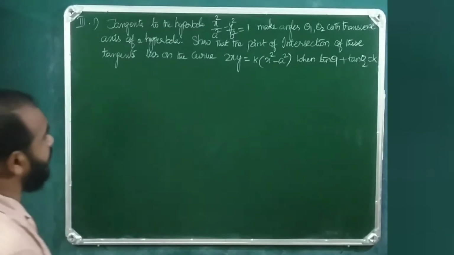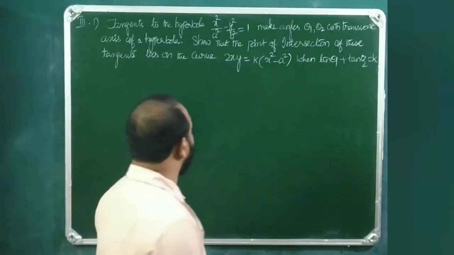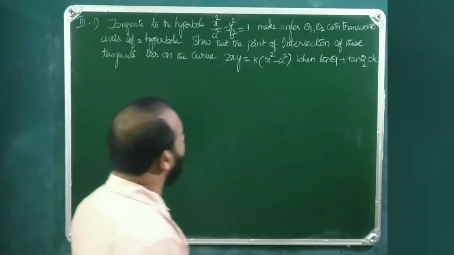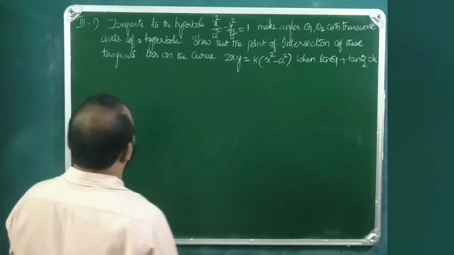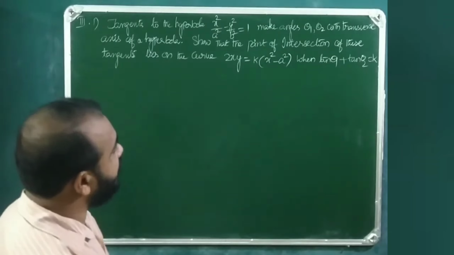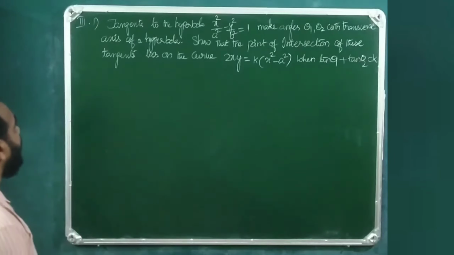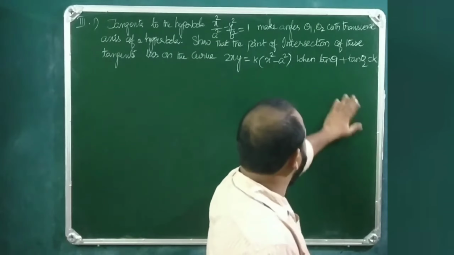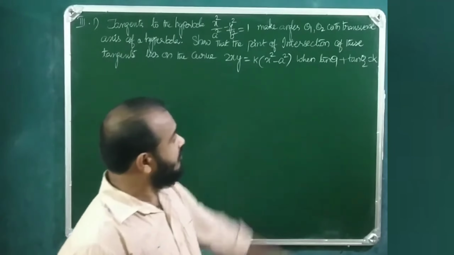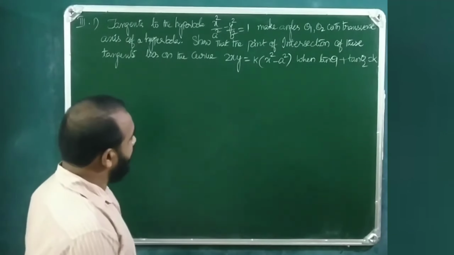Tangents to the hyperbola x square by a square minus y square by b square equals 1 make angles theta 1, theta 2 with the transverse axis of the hyperbola. Show that the point of intersection of the tangents lies on the curve 2xy equals k into (x square minus a square), when tan theta 1 plus tan theta 2 equals k.